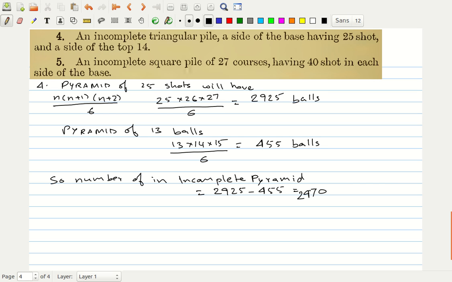So this will be 2470 balls. Okay, 2470 balls.